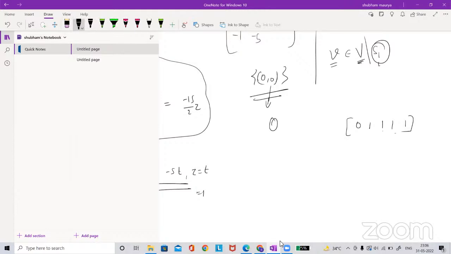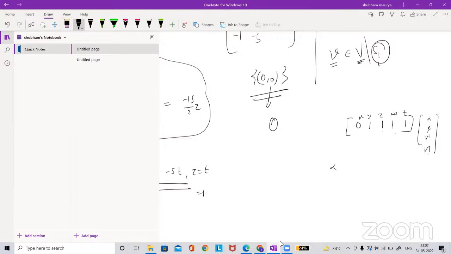So what it means is, let's say these are x, y, z, w, and t. If you write this equation, it will become something like this. Let's say this is alpha, beta, gamma, delta.